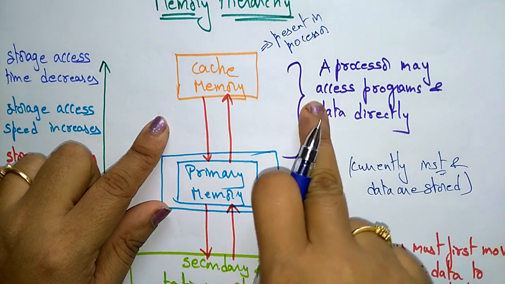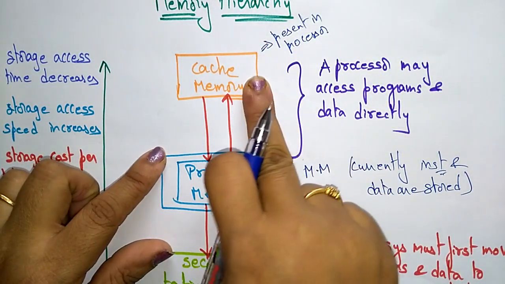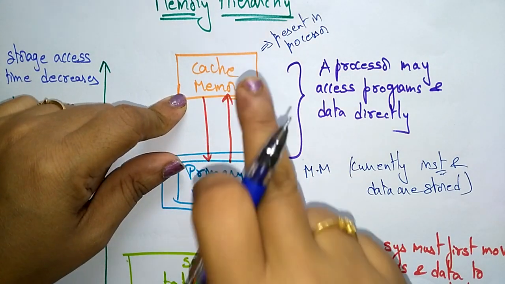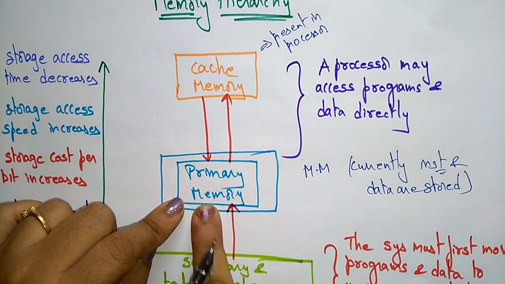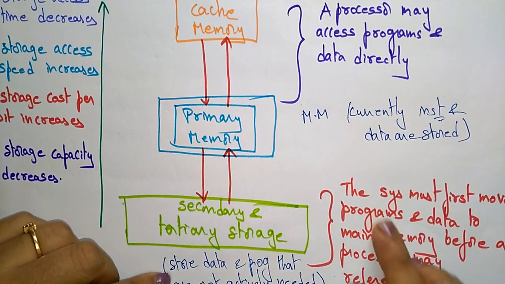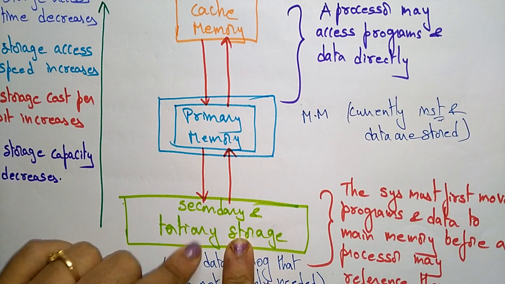A processor may access programs and data directly in the main memory and in the cache memory. The present data that has to be accessed will be stored in cache, and the current instructions and data are stored in primary memory. For the secondary storage, the system must first move programs and data to main memory before a processor may refer to them.